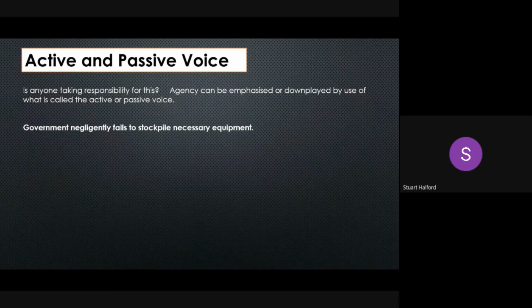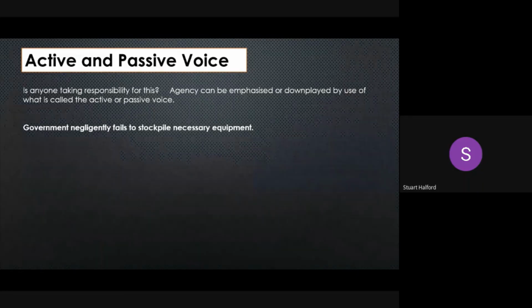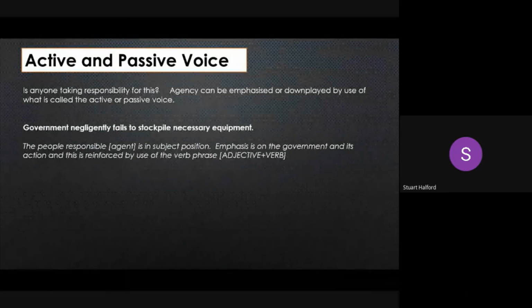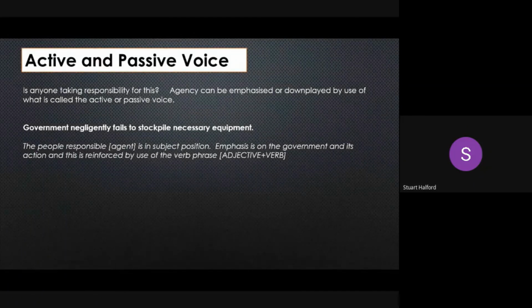So if we've got a newspaper headline, government negligently fails to stockpile necessary equipment. The people responsible, the agent, is in the subject position. There's emphasis on it there, the government. We know who it is who's responsible. And it's reinforced by the use of the verb phrase, the adverb and the verb. Negligently fails. We know the government have negligently failed.